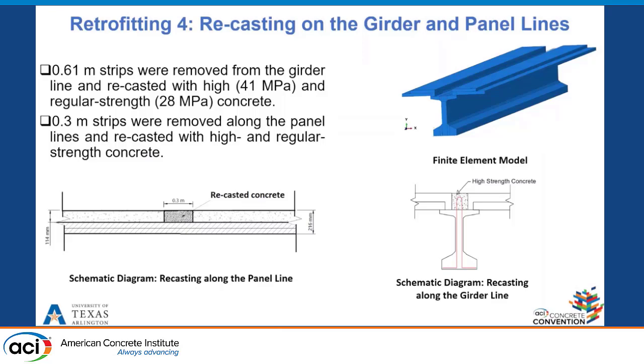Similarly, 0.30 meter strips were removed along the panel lines and recast with the same type of concrete. The existing bridge deck was made of concrete with a compressive strength of 28 megapascals. It was assumed that the new concrete bonds perfectly with the deck and the girders, thus tied contacts were defined between the surfaces. Additional shear keys were modeled, combined with this retrofitting, to evaluate the combined effect.